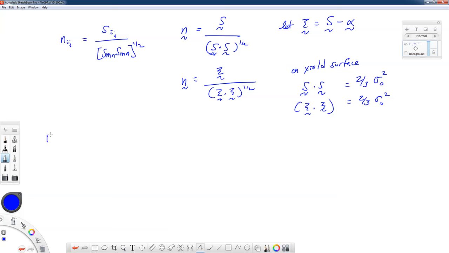So this vector n can be written as s or xi divided by 2/3 sigma naught squared to the 1/2 power, which is xi over the square root of 2 over 3 times sigma naught. Again, this is for J2 plasticity.